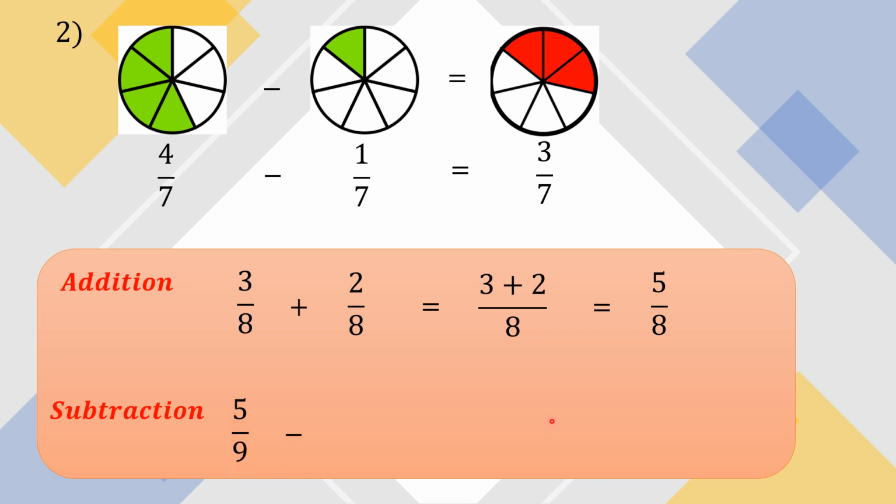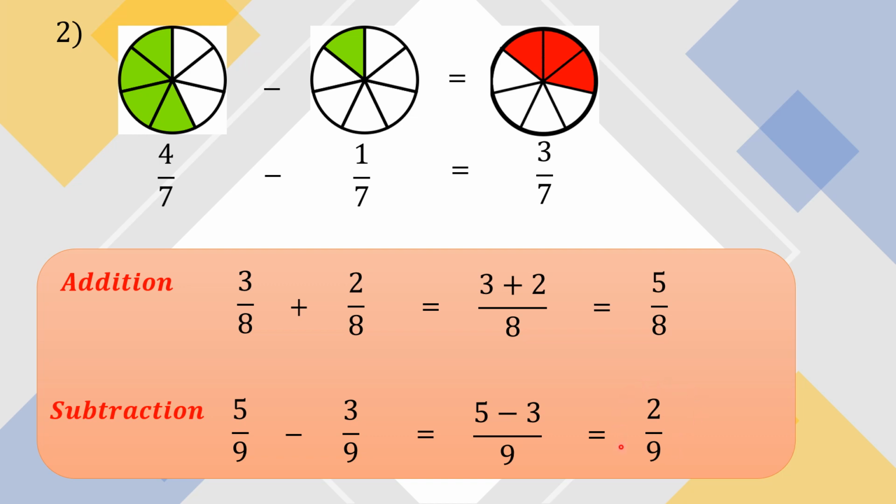So 5/9 minus 3/9 is equal to, so you have to write 5 minus 3 over 9. And then just subtract this number and you can have the answer of 2/9.